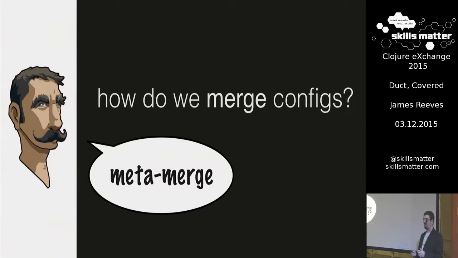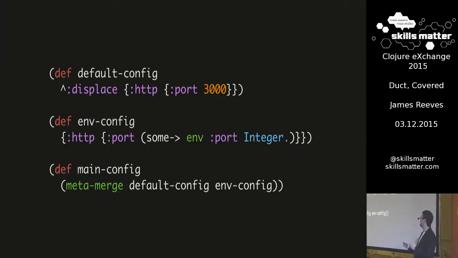Leiningen has an internal function called meta-merge, which it uses for merging its profiles. So if you've ever used Leiningen's profiles, you'll probably be familiar with how meta-merge works. And James took that code and pulled it out into its own library, and that's what Duct uses. And in practice, it looks kind of like this. We have this default configuration, which just declares a default port.